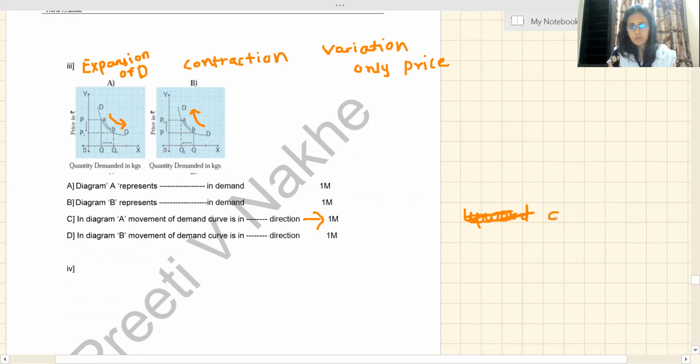It's coming from A to B. It's moving in the downward direction, from left to right.